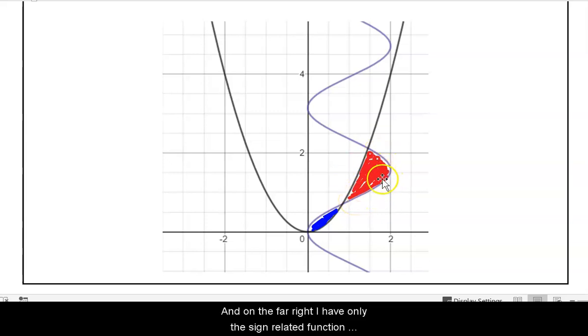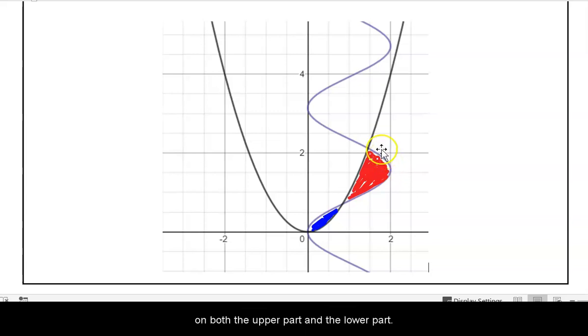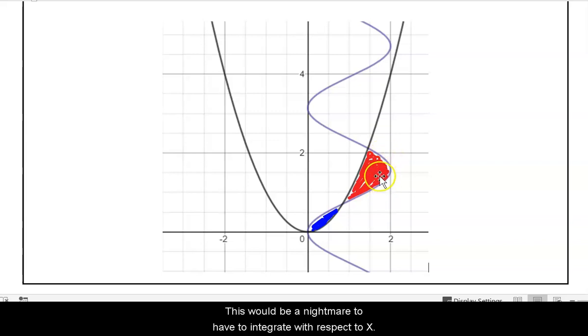And on the far right, I have only the sine-related function on both the upper part and the lower part. This would be a nightmare to have to integrate with respect to x. Instead, we should integrate both regions with respect to y.